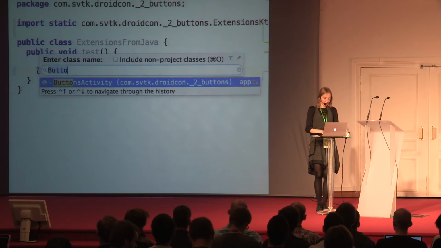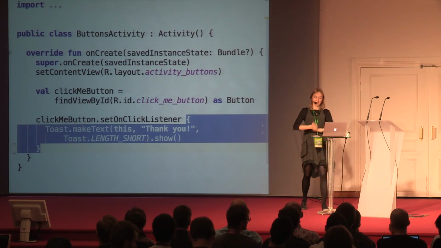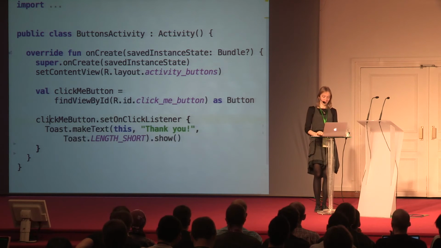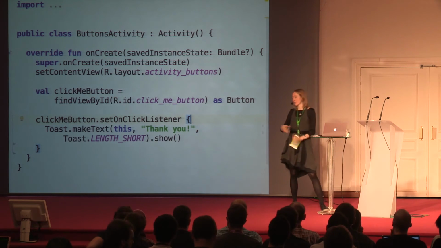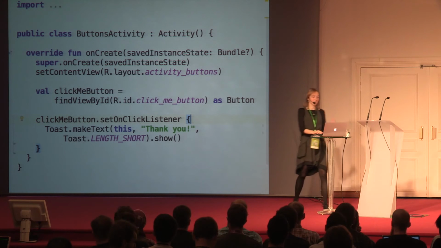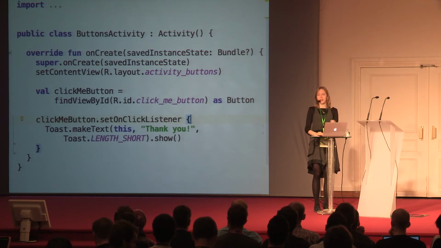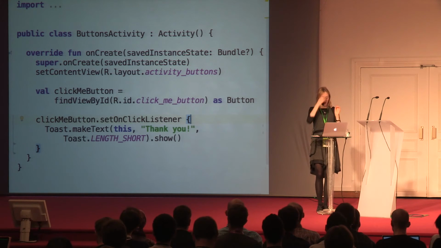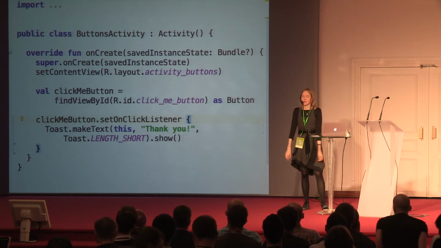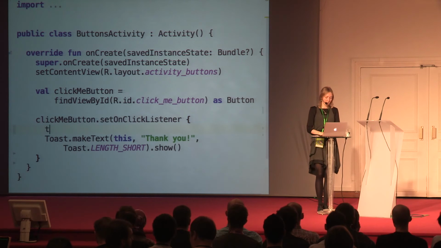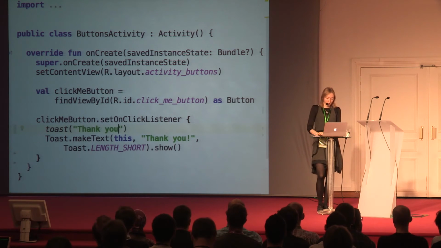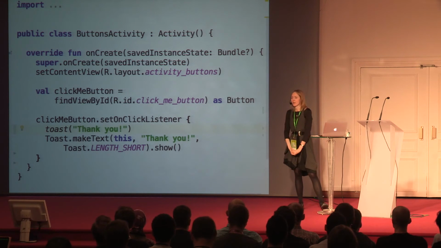Okay, let's return to our buttons activity. Now we understand what this means: it's just lambdas. Now let's simplify this very simple code more. At first, there is the invocation of this toast function, and it can be simplified to just this. How does it work?